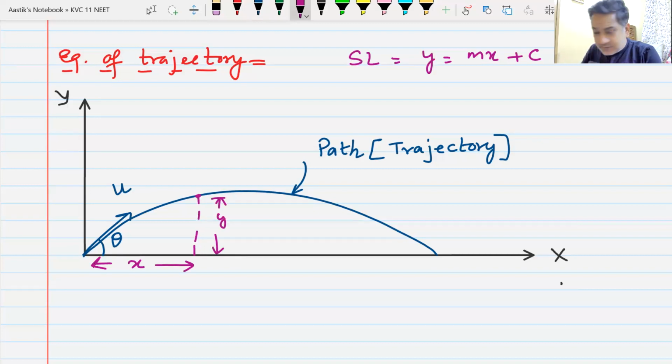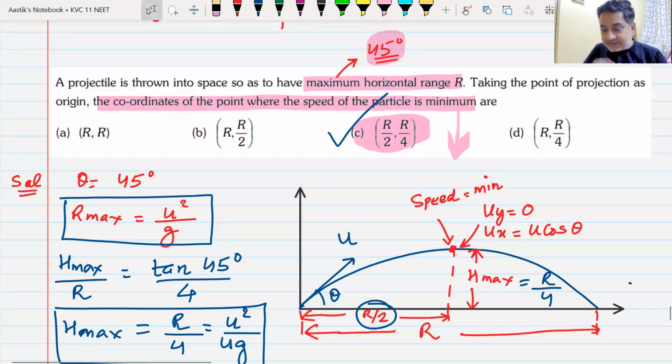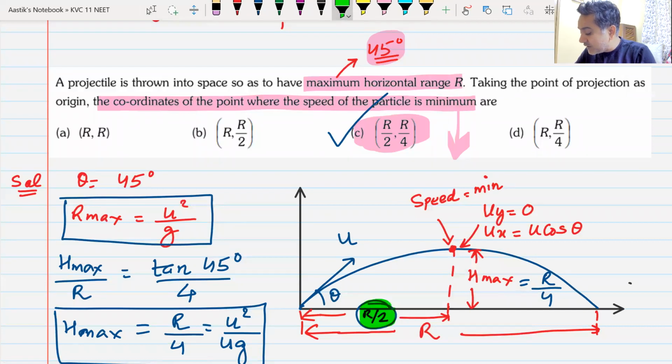For example, in the previous question, we had seen the coordinates of the maximum height. Yes or no? It had an x coordinate of R by 2 and a y coordinate of R by 4.